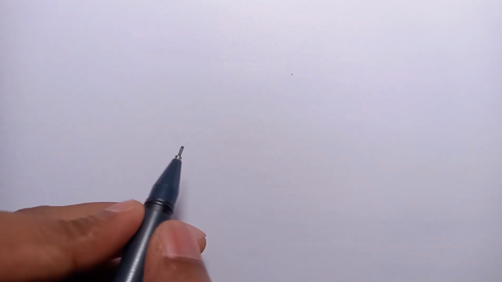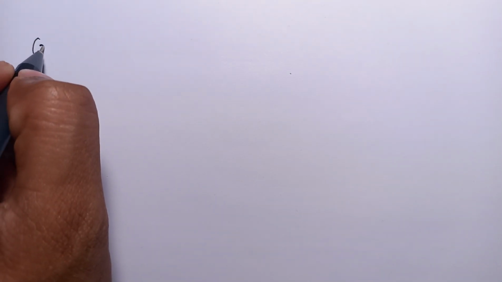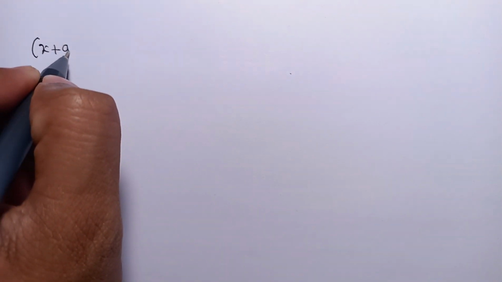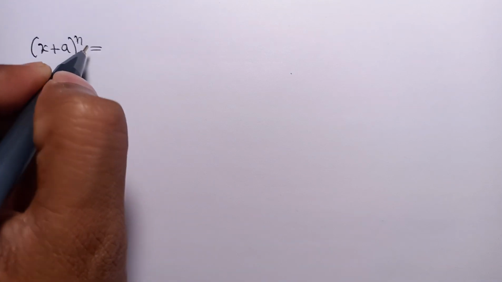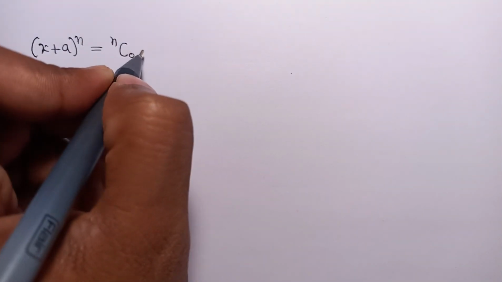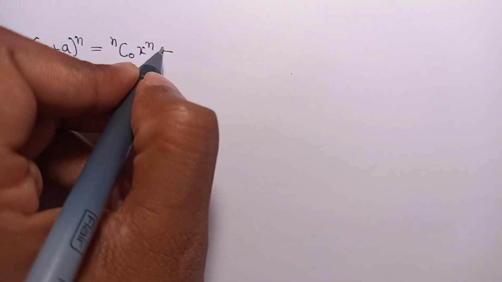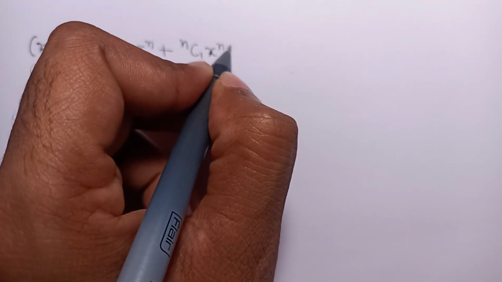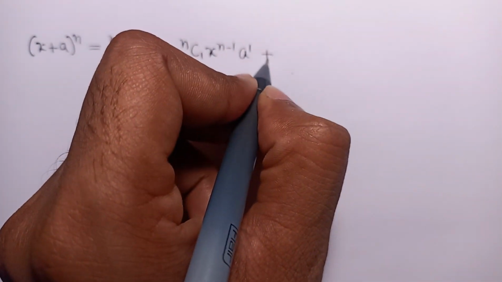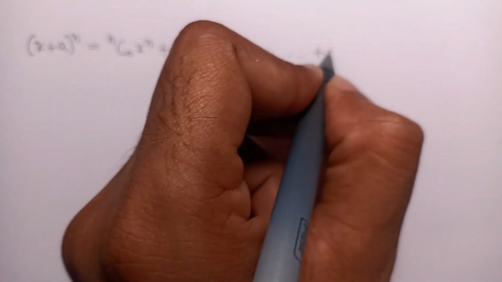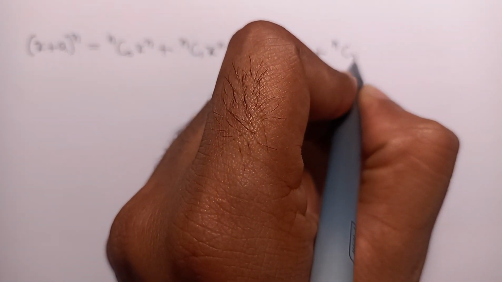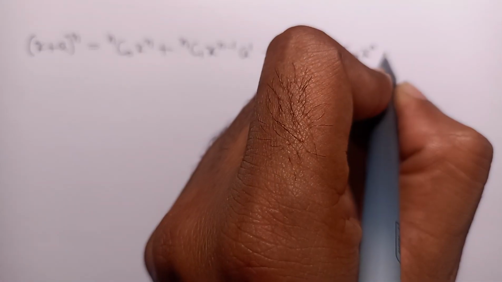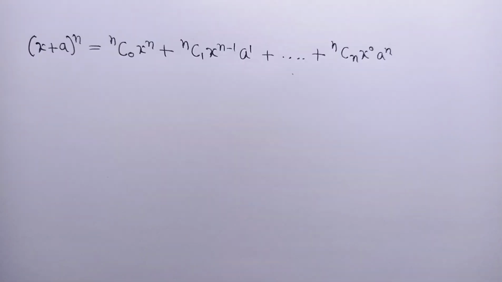Okay, let's go back to our definition of the binomial theorem. What was the definition? (x plus a) whole power n is equal to nC0 x power n plus nC1 x power (n minus 1) a power 1 plus dot dot dot up to nCn x power 0 and a power n. This was the definition, right?